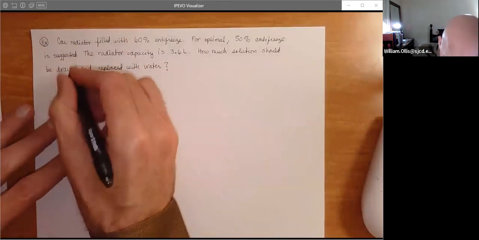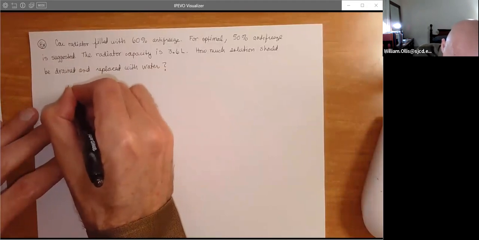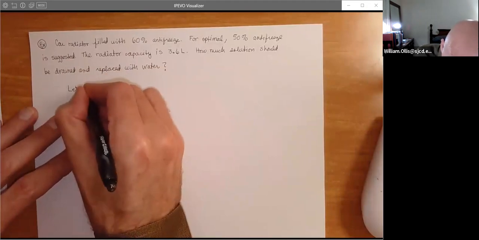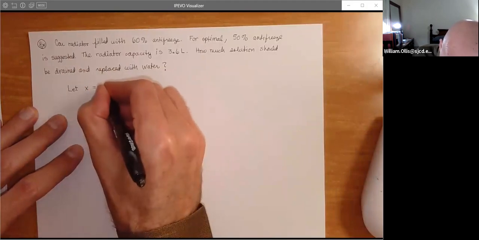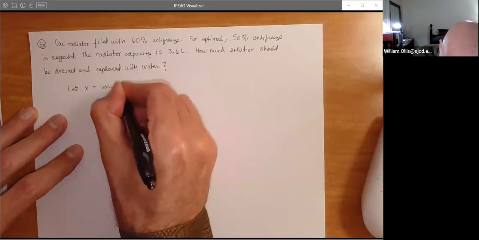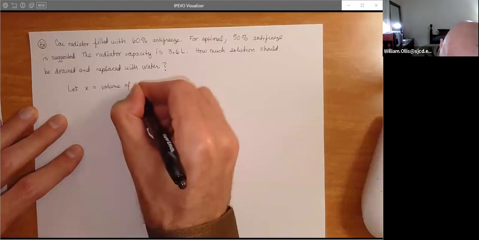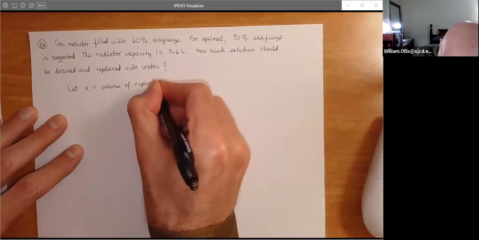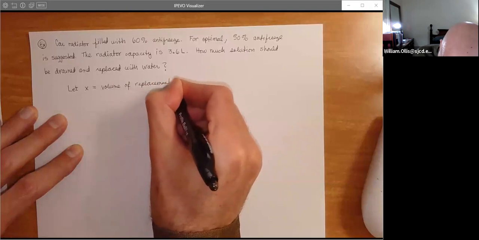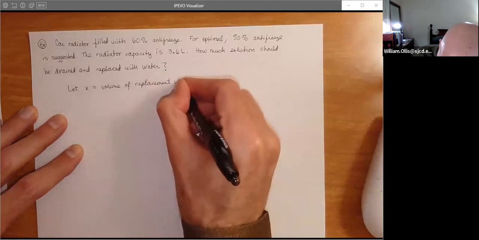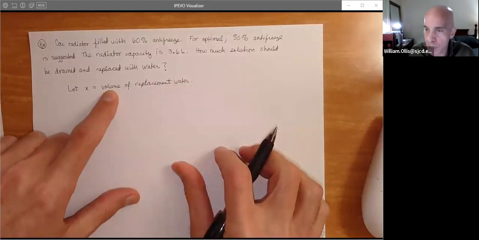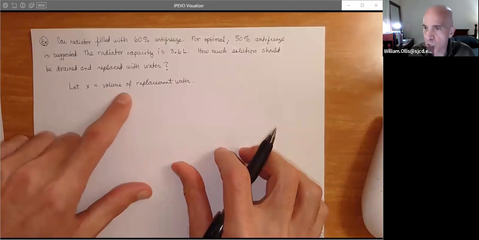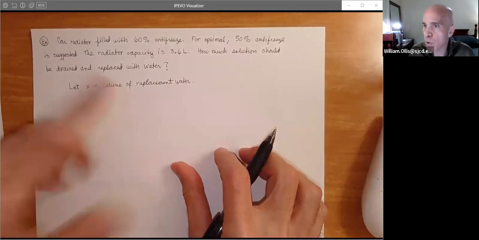So when we start the problem, we'll just say let X equal the volume of replacement water, so to speak. We have to get rid of the same amount of solution and replace it with water. How you want to describe this is up to you. They're one and the same.